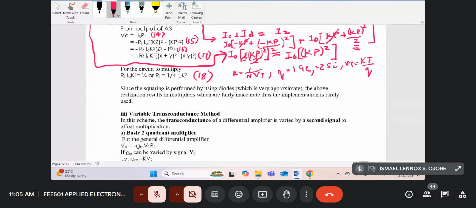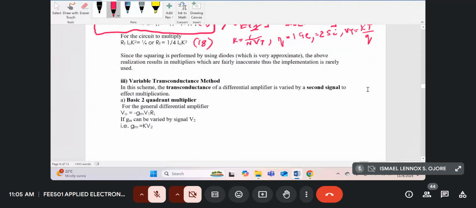So as an introduction, I've said in this scheme, the transconductance of a differential amplifier is varied by a second signal to effect multiplication. Now, the simplest implementation of this scheme is called the basic two-quadrant multiplier.